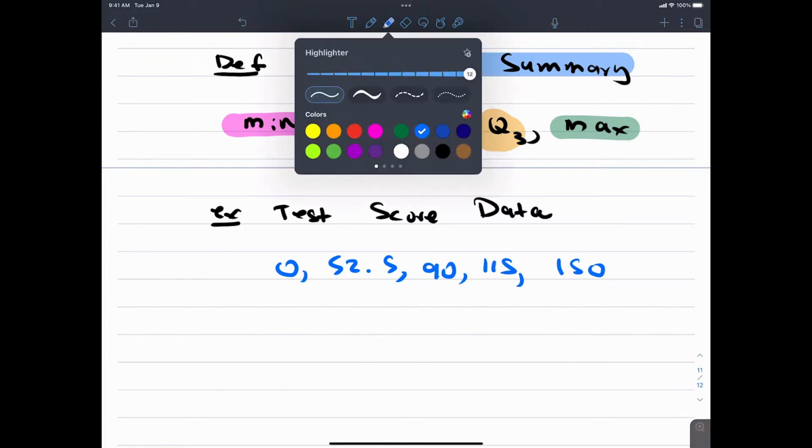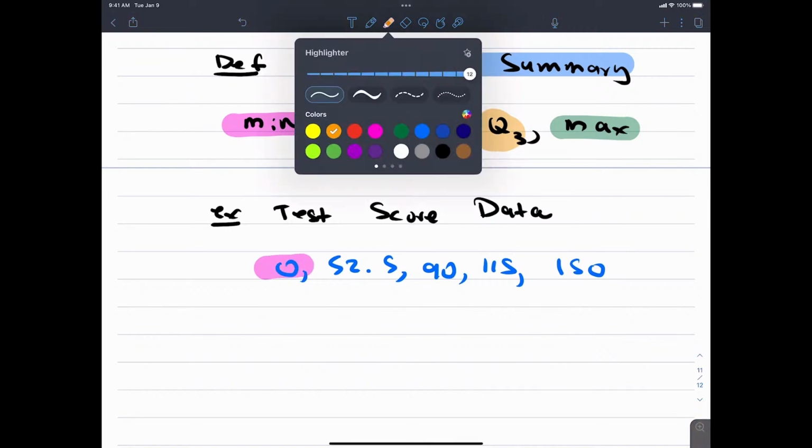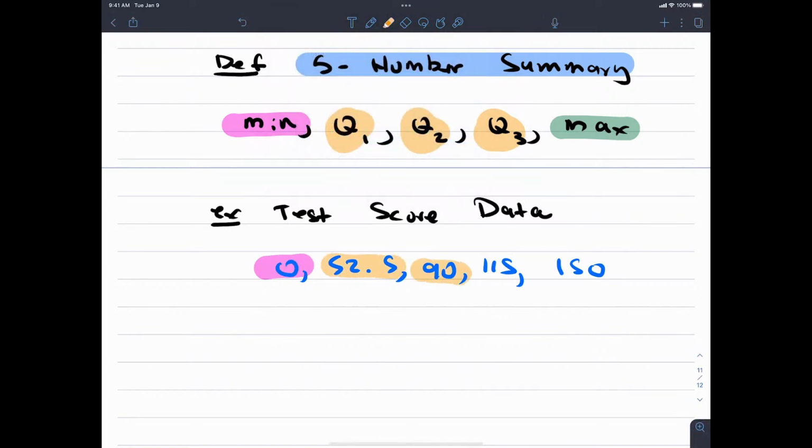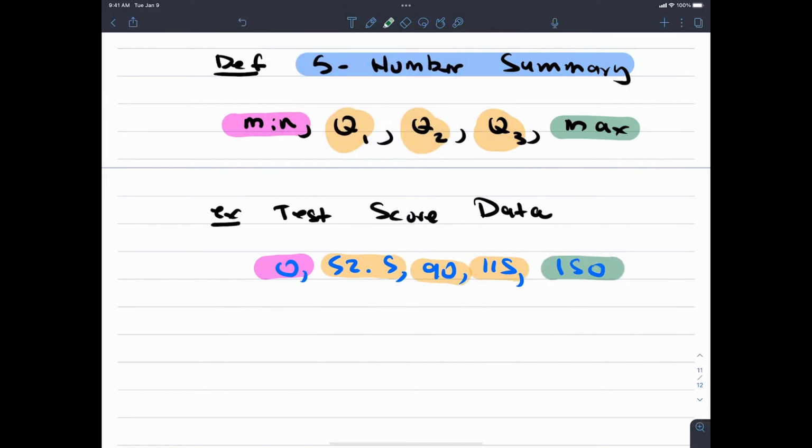So let me get out our colors so you guys can see that. Pretty in pink, orange, and then green. What is this called? The 5 number what? Summary.